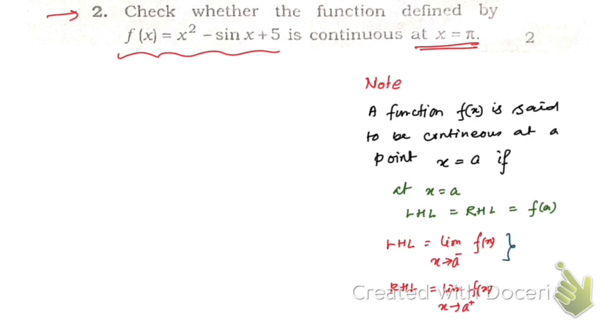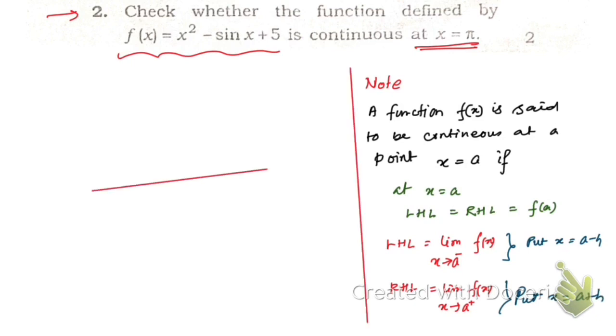And here you see, in the left hand limit put x is equal to a minus h, and here put x is equal to a plus h. That means, you see, this is the number line, this is x is equal to a, so this is the left hand side and this is the right hand side, right? If you take a point on the left hand side, you can take it as a minus h.